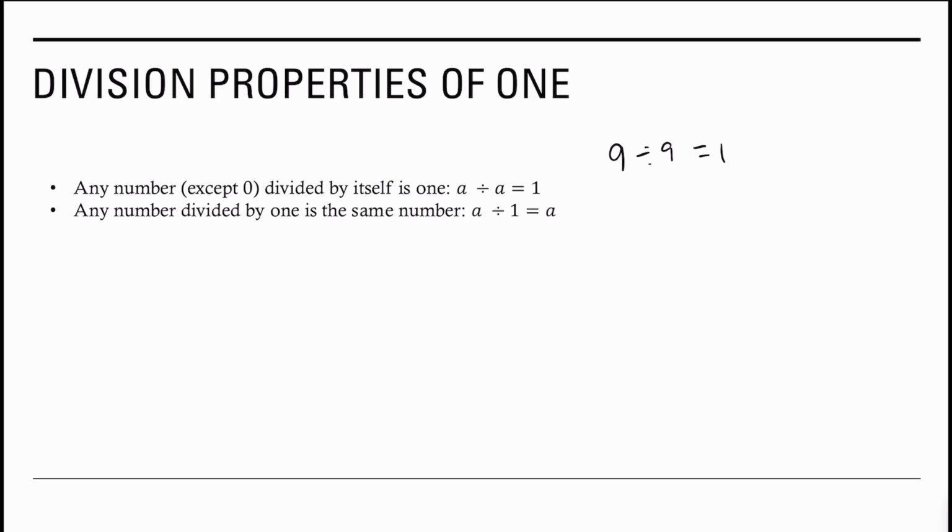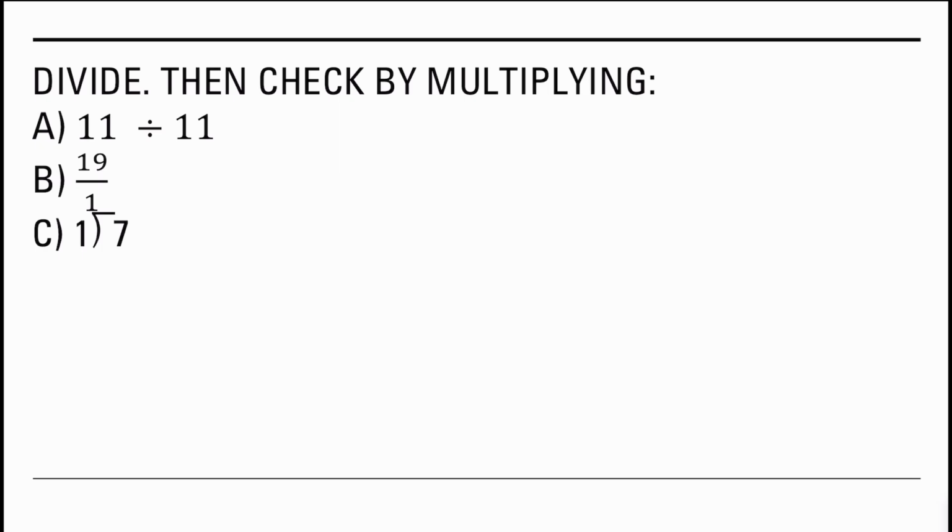Then kind of similar is any number divided by 1 is the same number as itself. And so 9 divided by 1, well, it says if I split 9 into 1 group, I would get back 1 group of 9. And so that's the way that I like to think of that, and that'll also always be true.